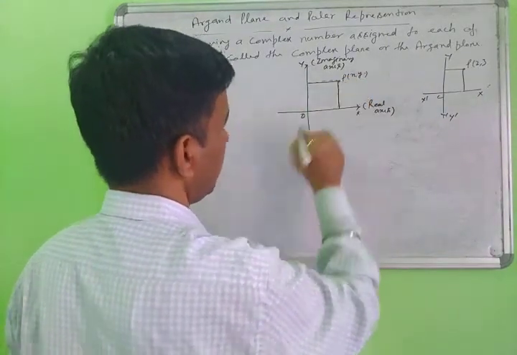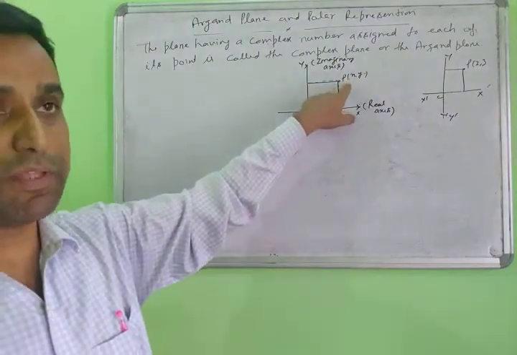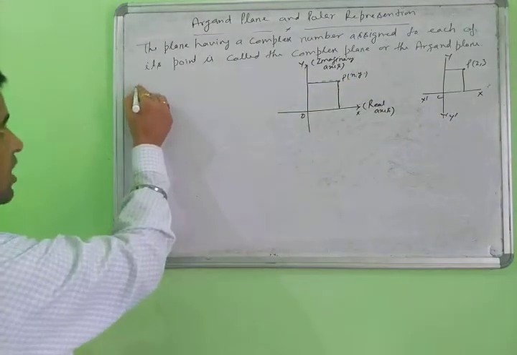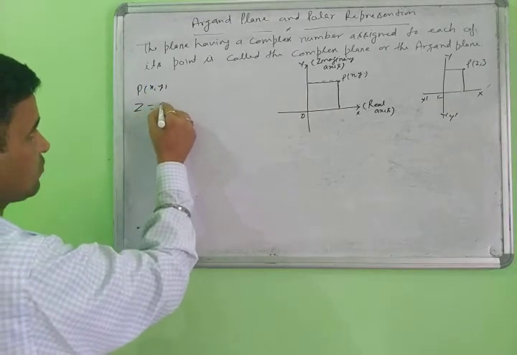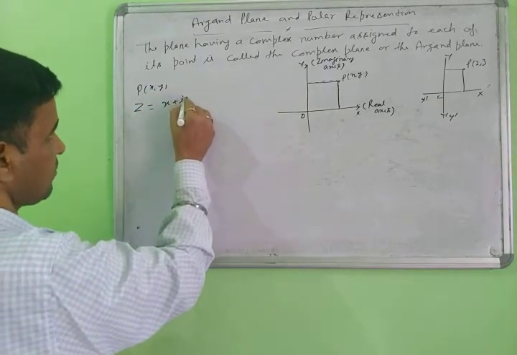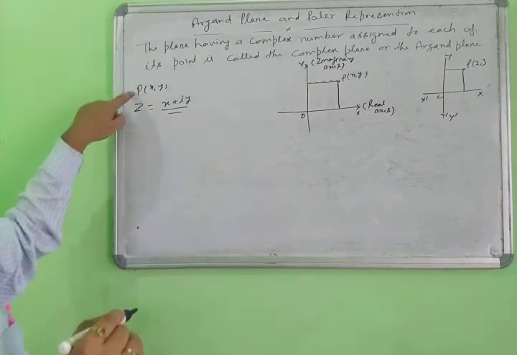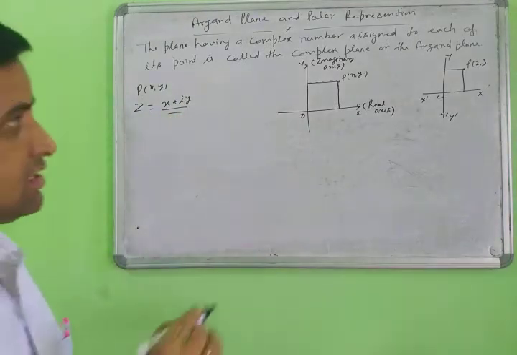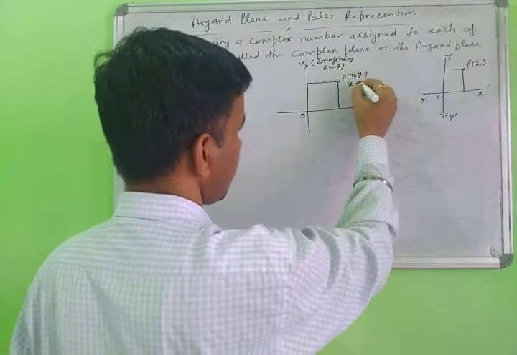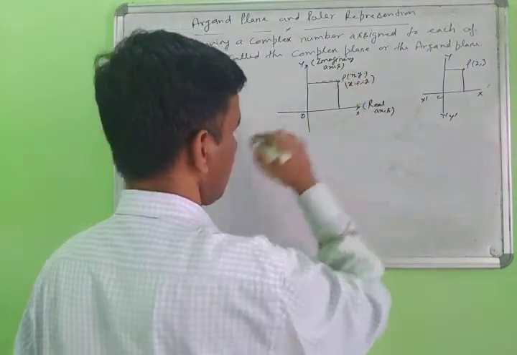This is the point P in polar form, the complex form x plus iy.